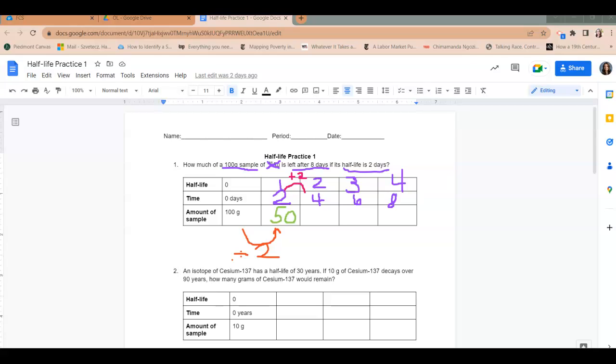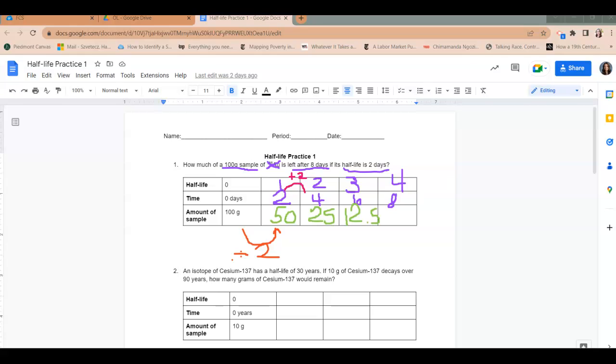But I have to stay with this. 50 divided by 2 is 25. I can write that here. And then I divide by 2 again. I do 25 divided by 2, which is going to be 12.5. And then again, I'm trying to get to 8 days.